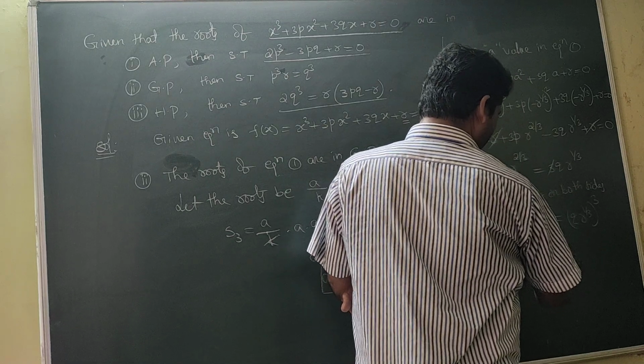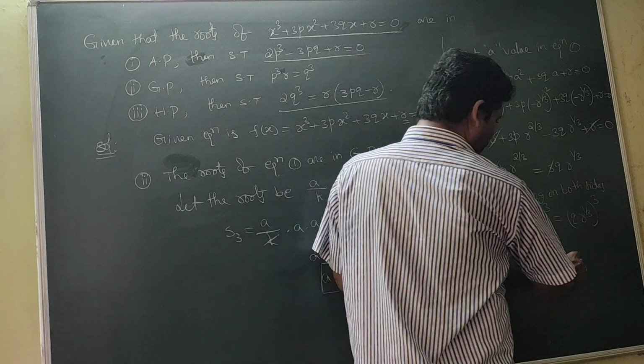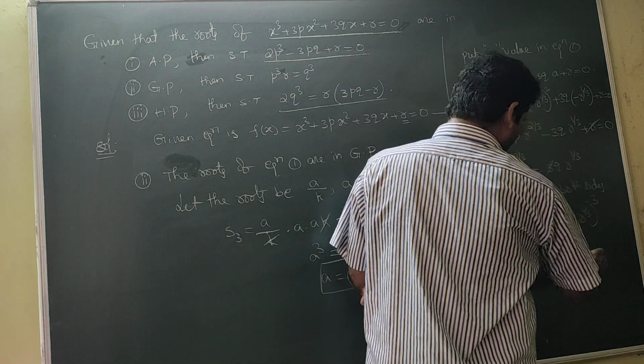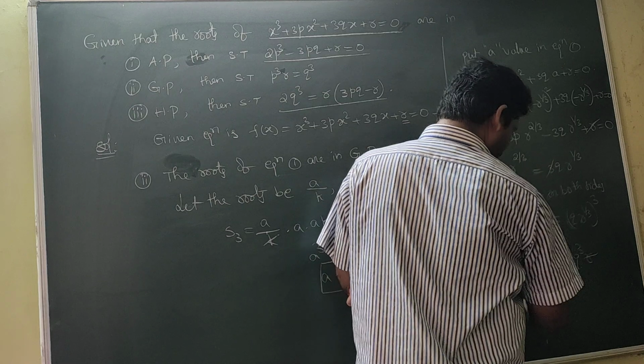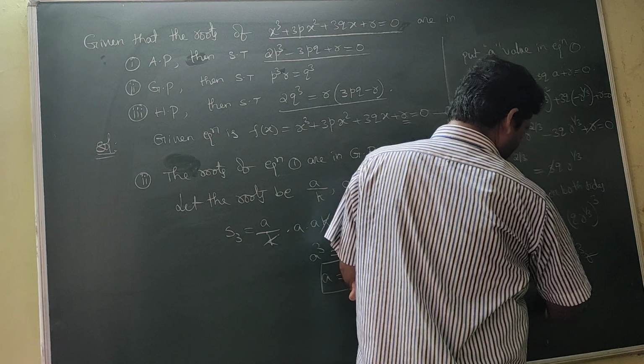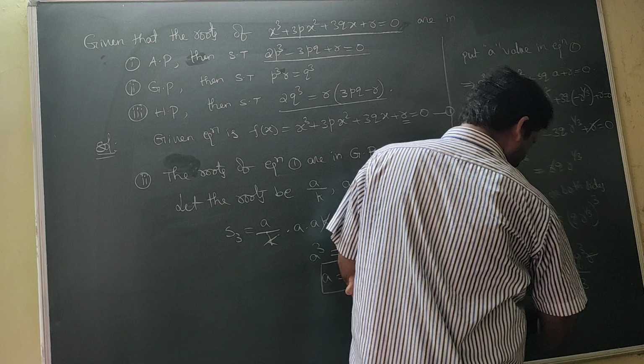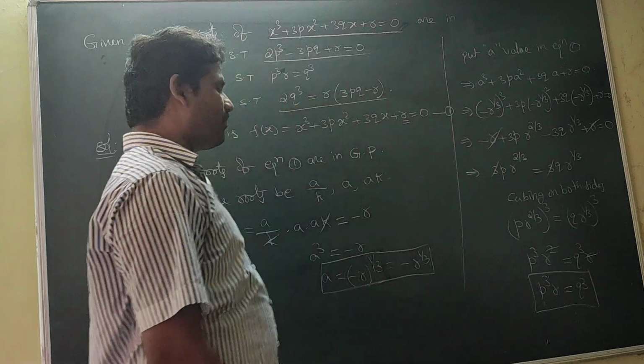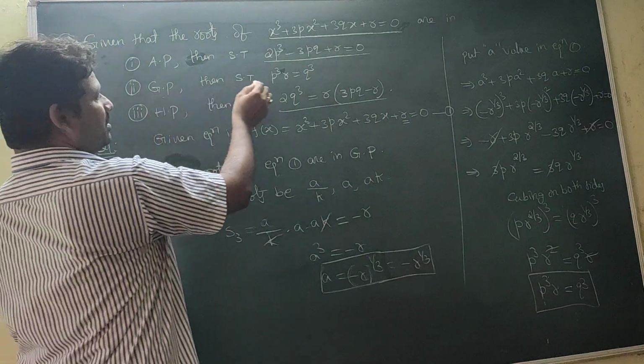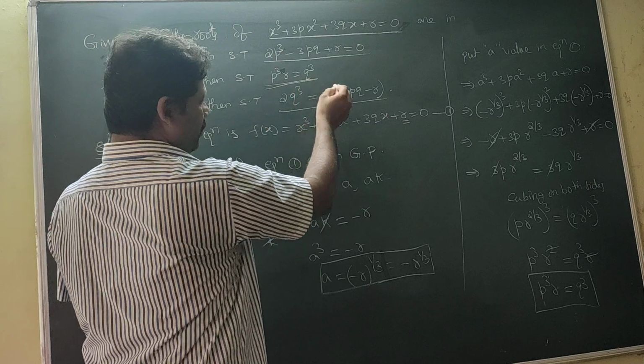So p cube r square equal to q cube r. One r also gets cancelled. p cube r equal to q cube. So that is the condition. When the roots are in GP, then the condition is p cube r equal to q cube.